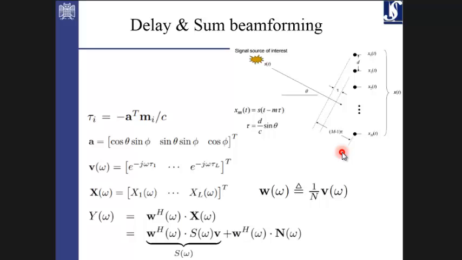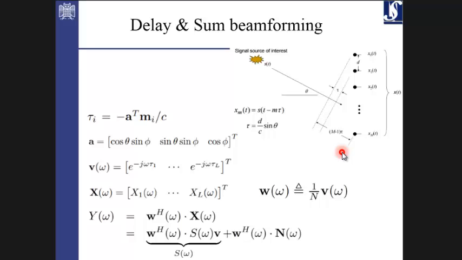The simple idea of the delay and sum beamformer is to choose W to be 1 over n times V. Then W Hermitian is 1 over n V Hermitian, and the Hermitian of this just changes the sign of all of the exponents to plus.